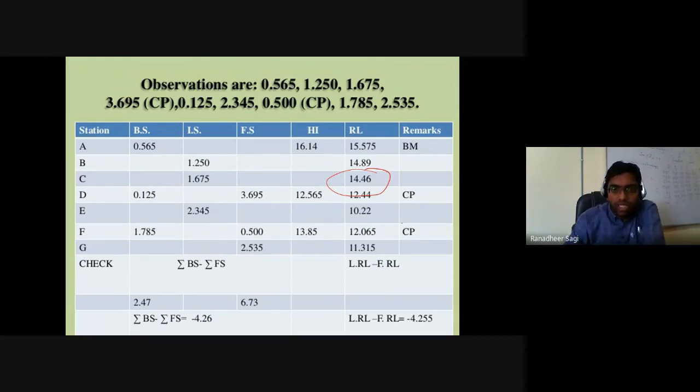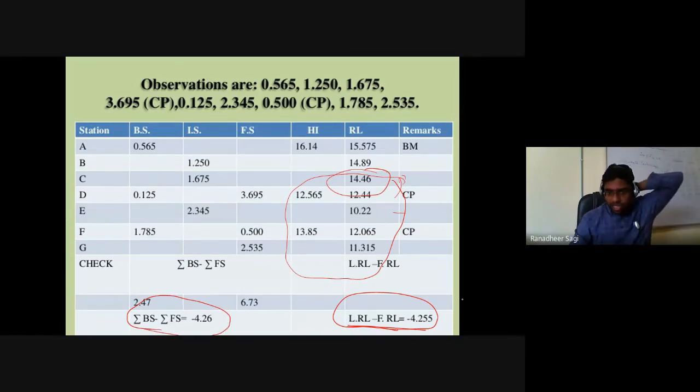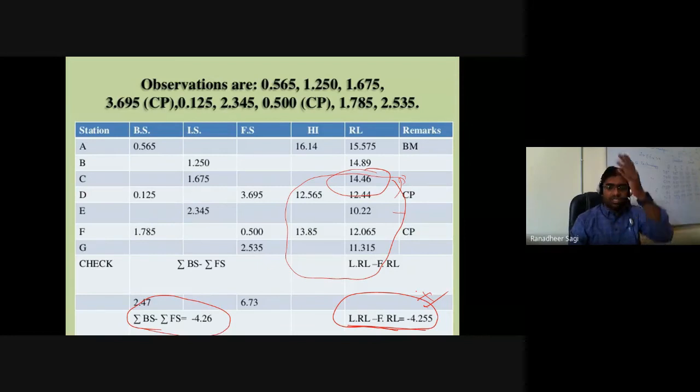So the values indicated in this rise and fall method from here to here are not really correct. The difference in backsight and foresight you are getting is as correct as what we got earlier, but the RL values calculated from point C are not exactly correct, because of which that small variation has come into the picture.